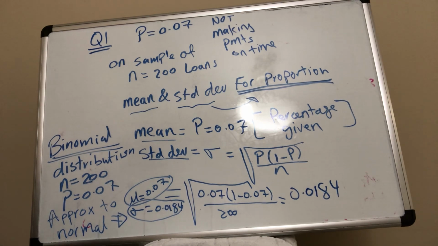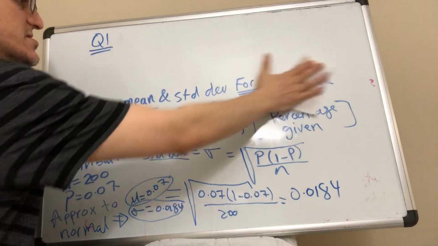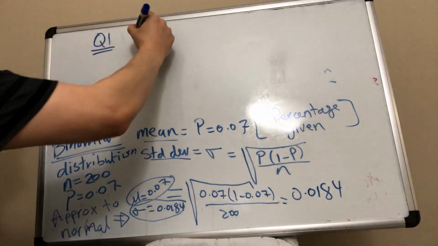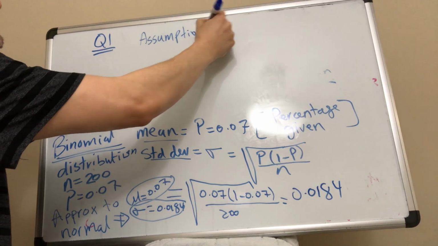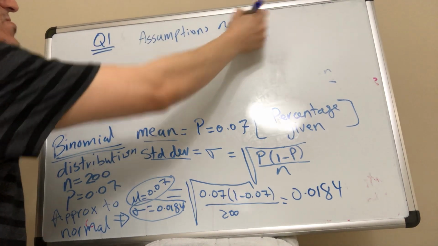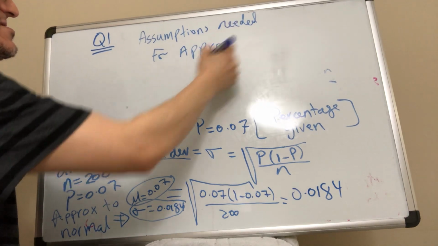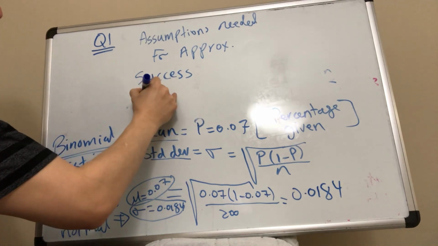Okay, the assumptions needed for this, and what are the conditions, if the conditions are met. In order for you to do this approximation, the assumption needed is something called success failure.